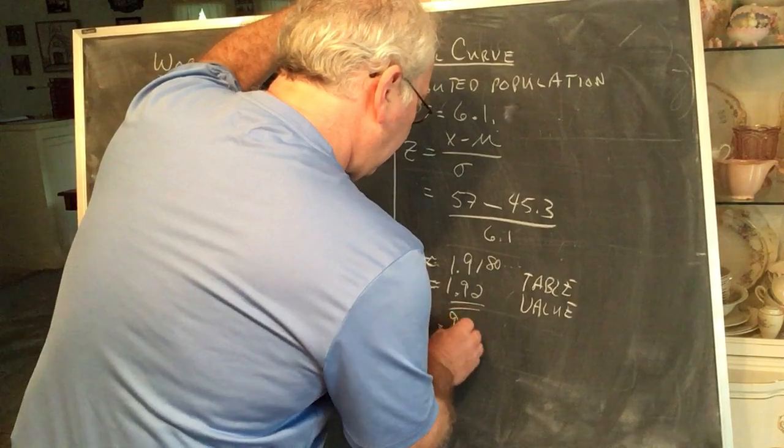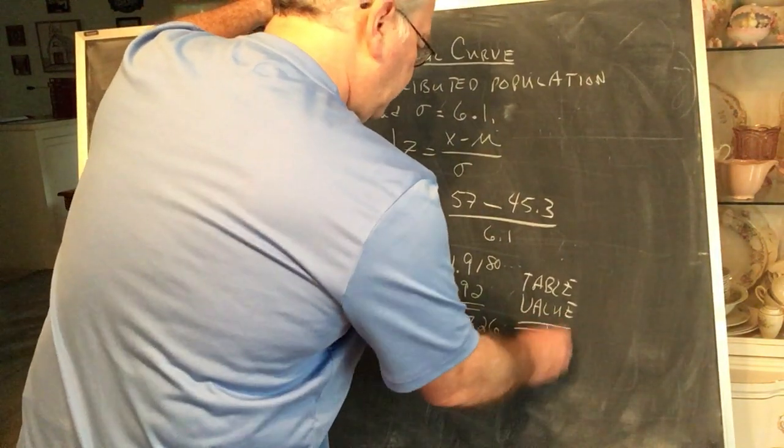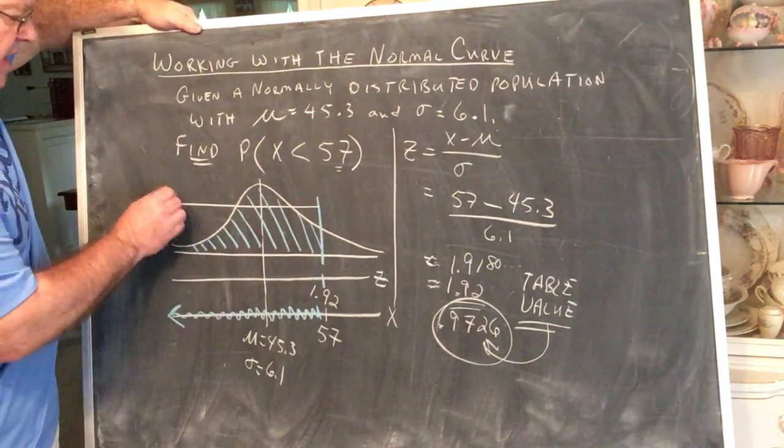Remember, the table value, 0.9726, is the number that goes on the arrow.